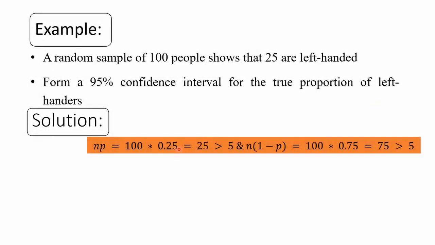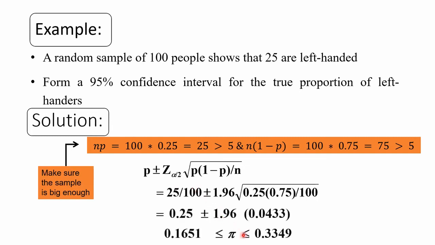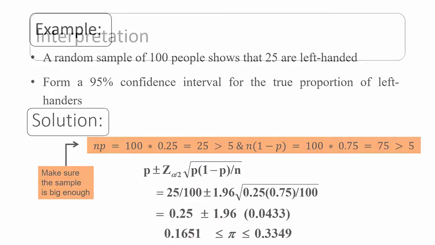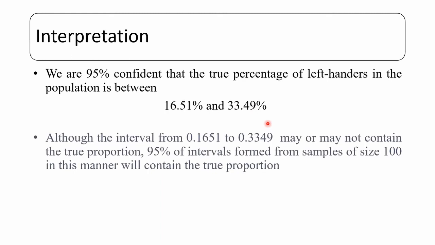Right, so what we did was we looked at the two conditions. Those two conditions were met, and it ensured that the sample size is big enough. We substituted the values to the equation, and we got the answer for pi as these two answers. So from which we can interpret that we are 95% confident that the true percentage of left-handers in the population is between 16.51% and 33.49%.